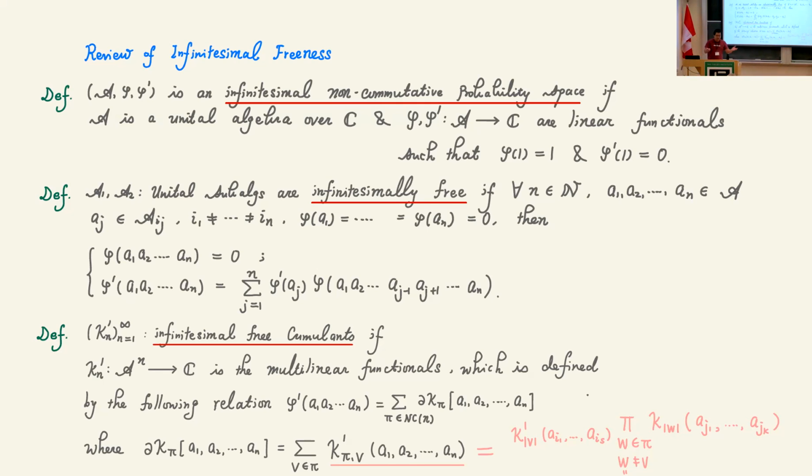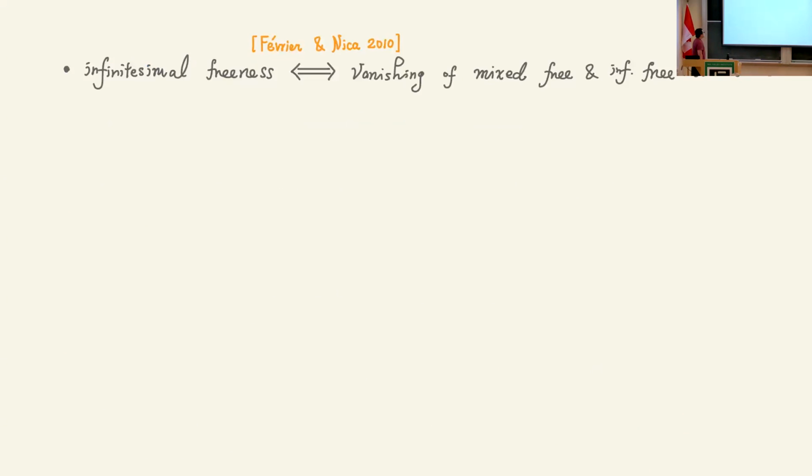Similarly to free independence and its relation to free cumulants, we have a very good way to use cumulants to understand infinitesimal freeness. It's a work by Février and Nica in 2010. They proved that infinitesimal freeness is equivalent to the vanishing of mixed free cumulants and mixed infinitesimal free cumulants.